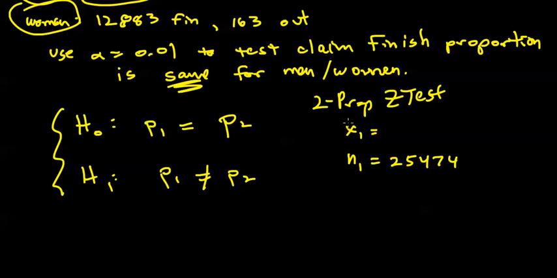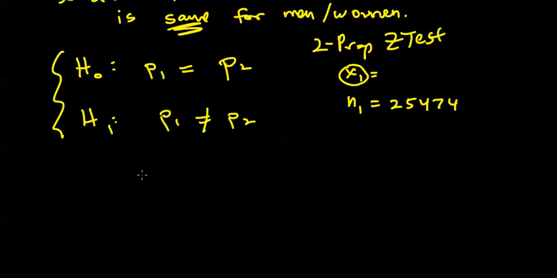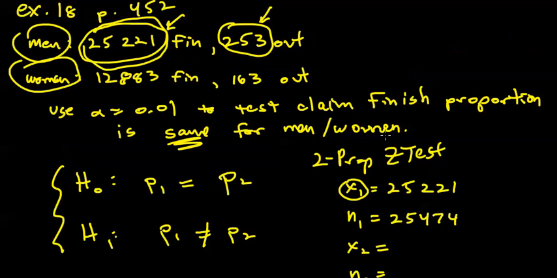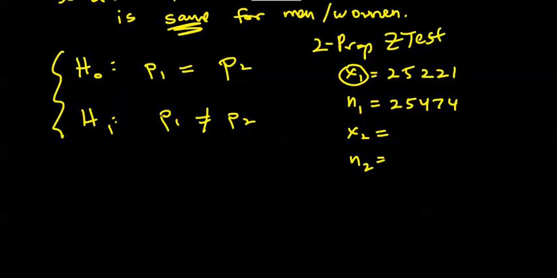Alright, now the number of finishers in the men's group, that is 25221 right here, right? So you're checking the finish rate or the finish proportion, 25221. Amongst the women, similarly, the sample size is the sum of these two values. So I add 12883 plus 163, and I get 13046.